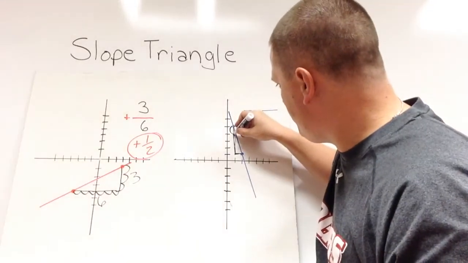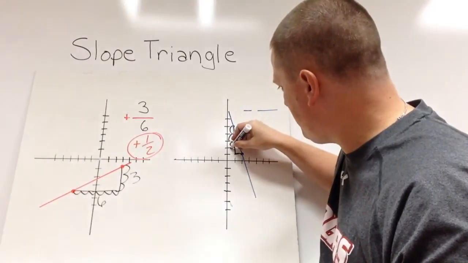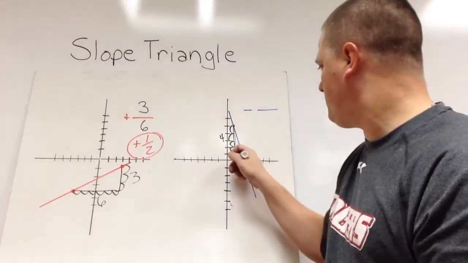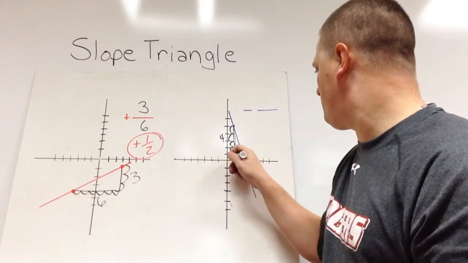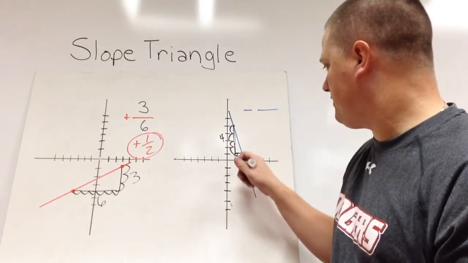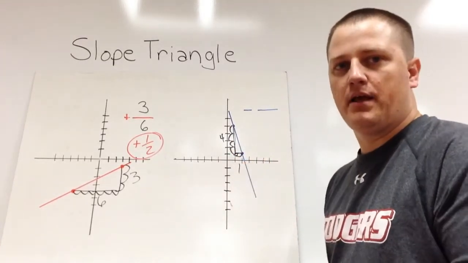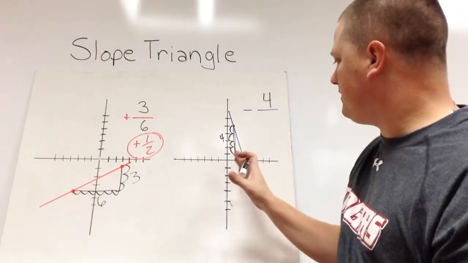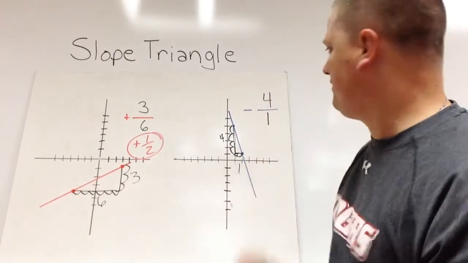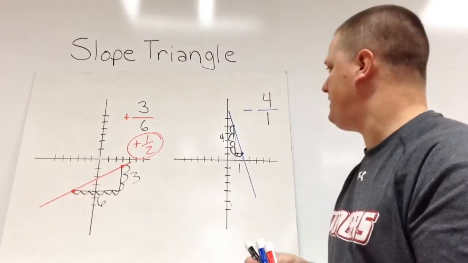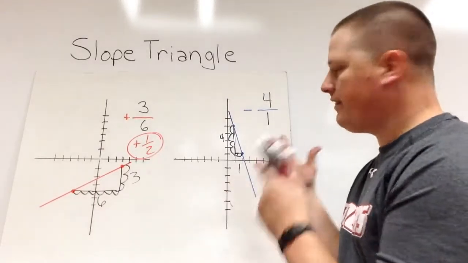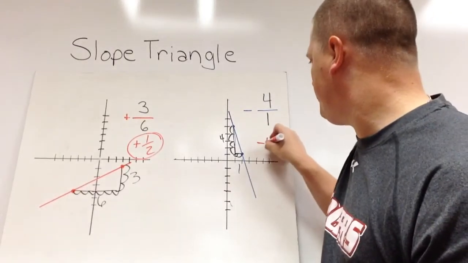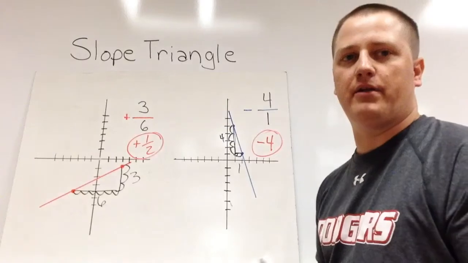So we're going to go 1, 2, 3, looks like 4 up and down, and 1 left and right. So on the top we have 4 because that was our up and down, and on the bottom we have 1. So we have the slope -4 over 1. This one doesn't reduce, but we can write it as -4 and get rid of the 1 if we want.